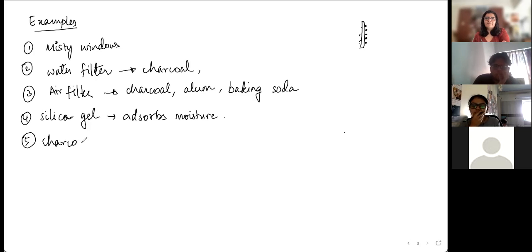So lab wise, you have a lot of applications and observations that you can see for adsorption. But these 4 points are what you would observe in real life, in your everyday life, without knowing about it.